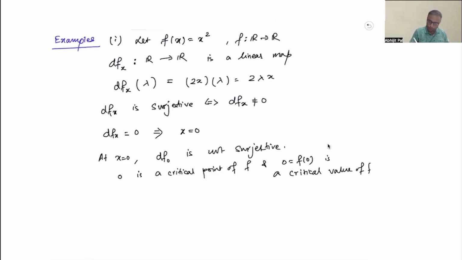If I take the graph of this function, the critical point corresponds to this point. Okay, now let us take another example.